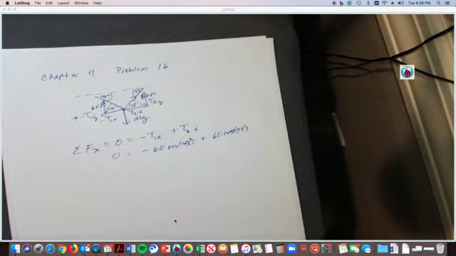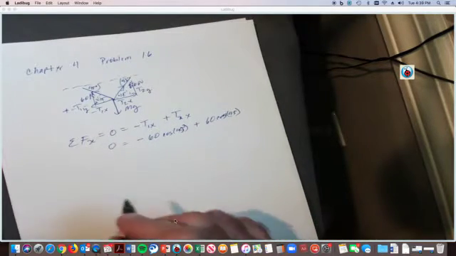All right. Now then, let's look at the sum of the forces in the y direction.